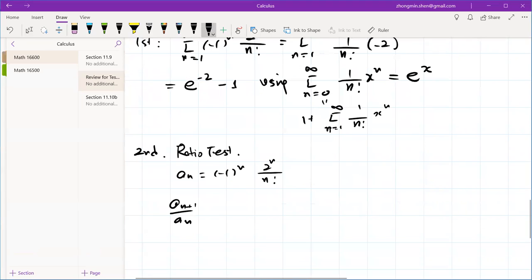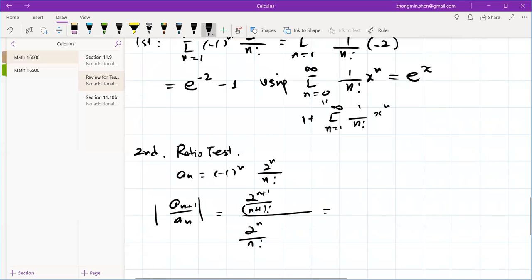So for the ratio test, you take the absolute value of this. The negative sign is gone, so 2 to the n plus 1. And you have to find the limit. You cannot just leave that if you use the ratio test. You have to simplify, and after you simplify, you have to show me how to get the limit.